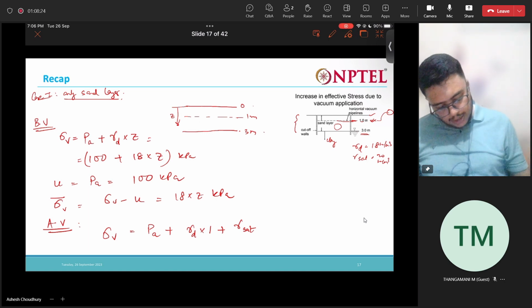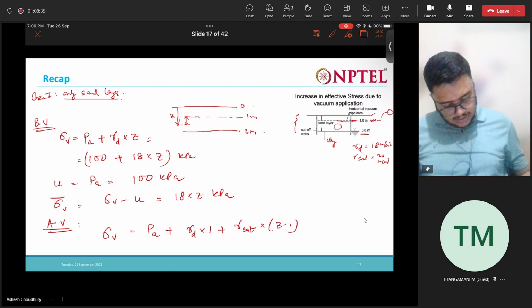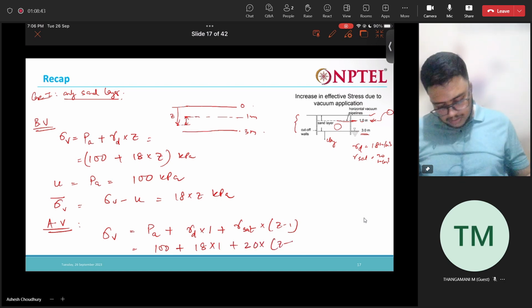Water has risen to this level, so this side is z minus 1, gamma sat times z minus 1. So this will be 100 plus 18 into 1 plus 20 into z minus 1, right? So it is nothing but 98 plus 20z.